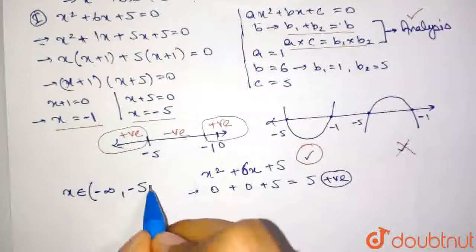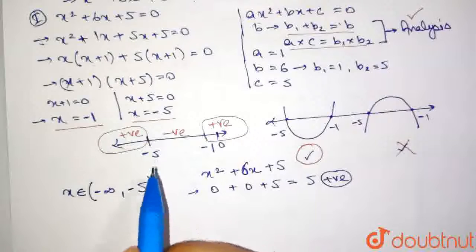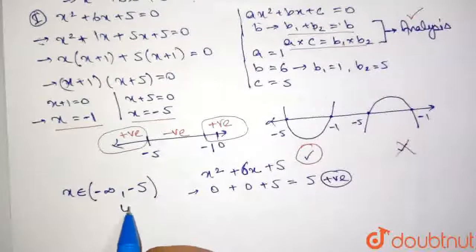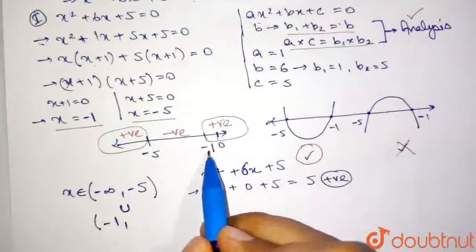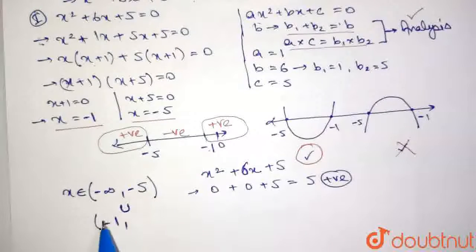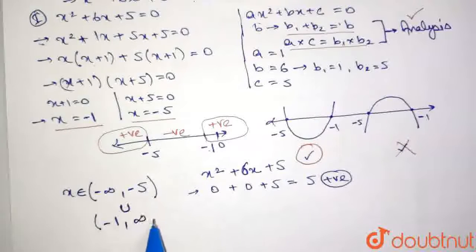And once again we are going to use open brackets because minus 5 is not a value where it is positive, rather it is 0 at minus 5. Plus or union, so along with this I'm going to add the values to the right, which is going to be minus 1. Again open brackets, because at minus 1 it is 0 definitely, so towards the right of it we are going to take the answer, to plus infinity, and once again open brackets.